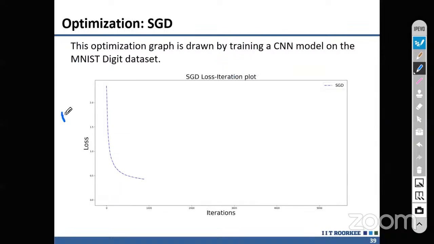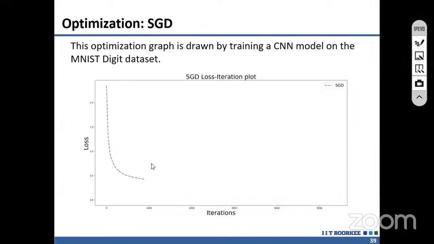This is the error function. In the first few steps the loss will be very large, and after some time it becomes small, but you see the progress is very slow because it takes a lot of time. It is showing the results on the MNIST digit data set.